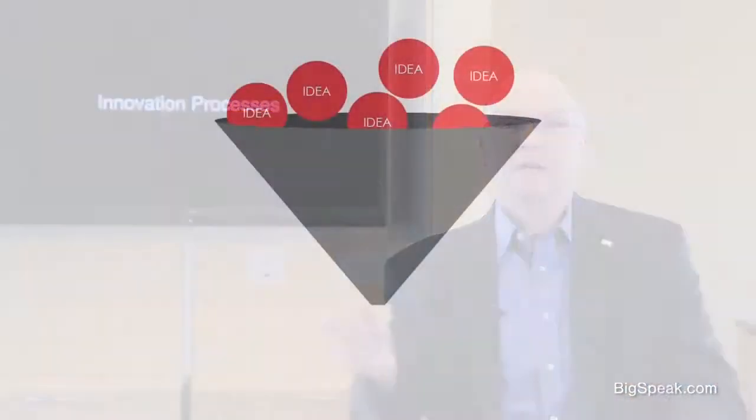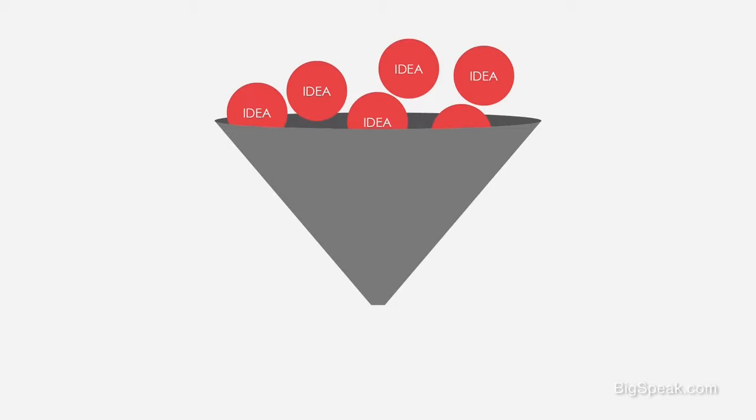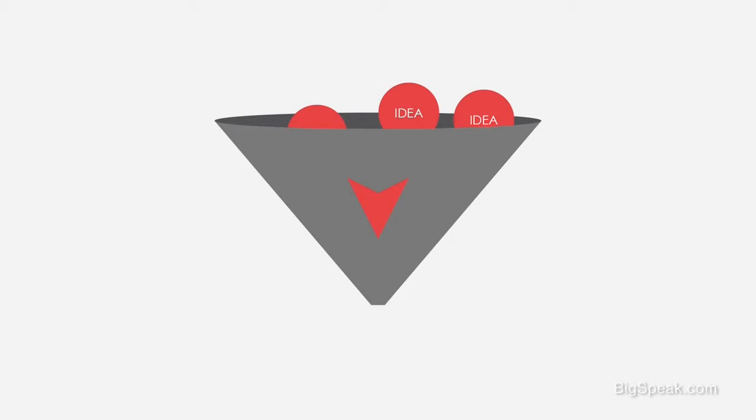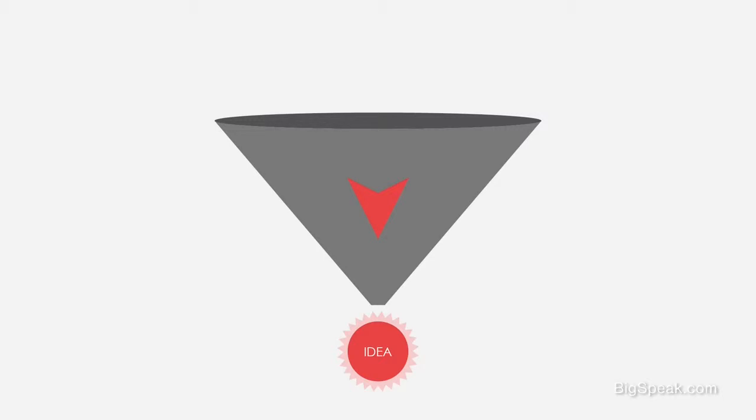So these systems are going to work like a funnel. You pour a lot of ideas in at the top that don't cost a lot of money, that don't take a lot of time, and by the time you get the few at the end that you're going to capitalize, you're going to spend a lot of time on, they're only the high quality ideas that you're focused on.